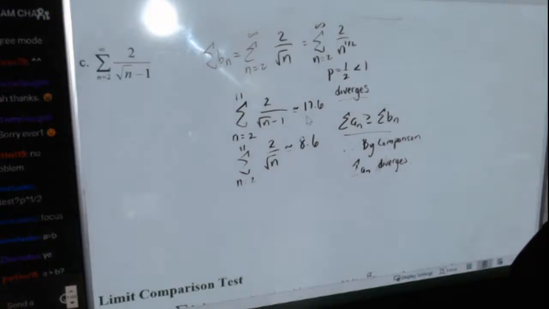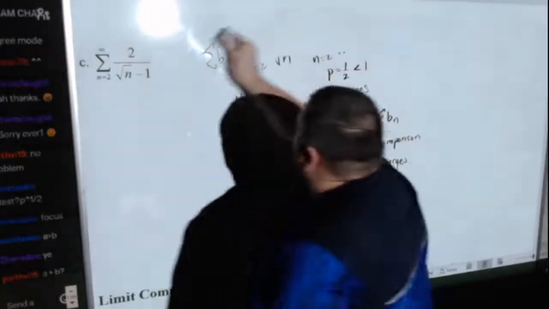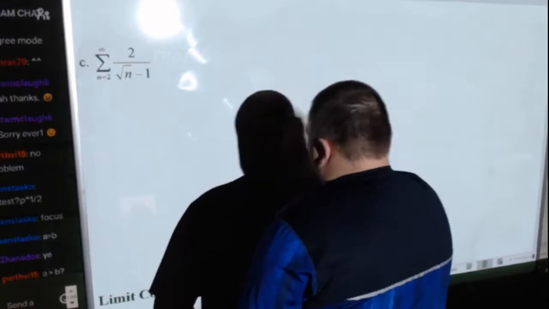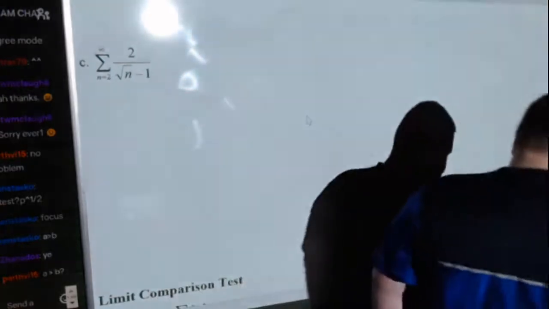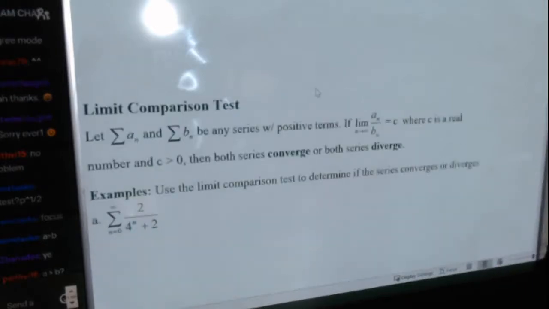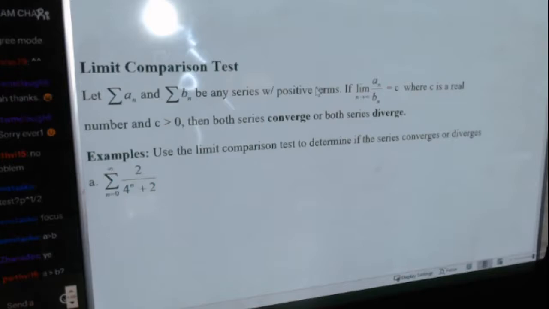And I'm guessing you're probably not going to like limit comparison too much because it requires a decent amount of algebra, but it is much more definitive. All right. So let me get rid of this guy and let's take a look at the limit comparison. So this is the limit comparison test.